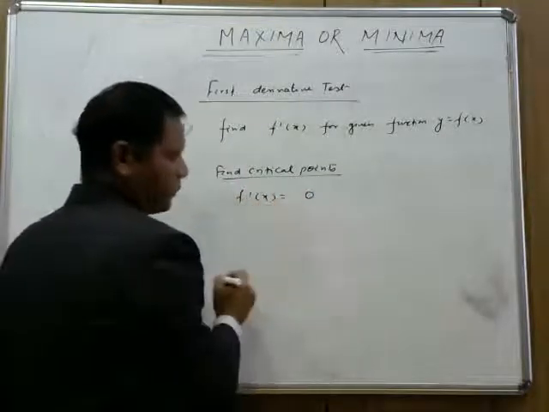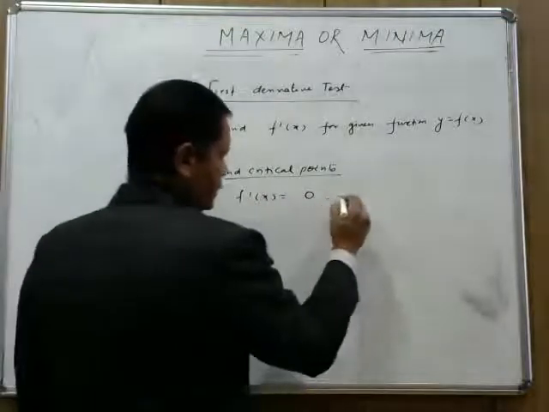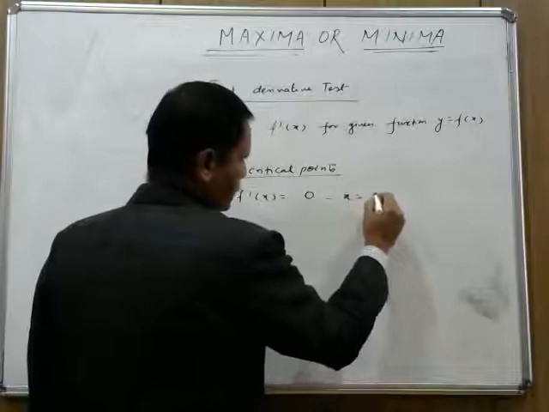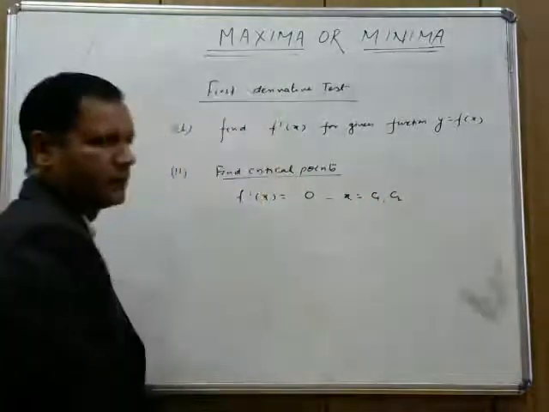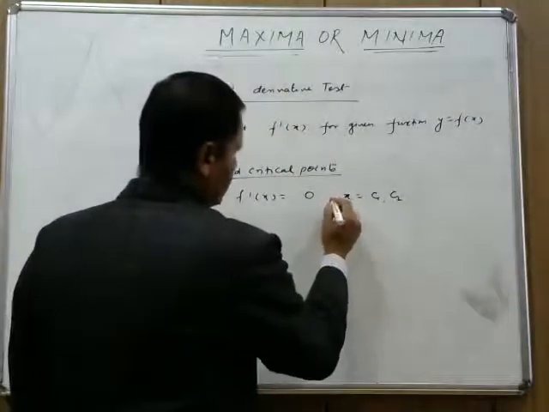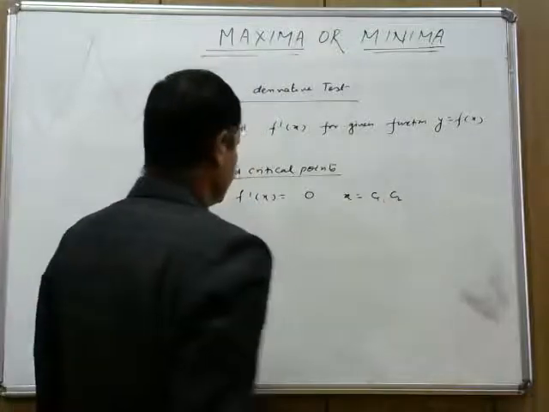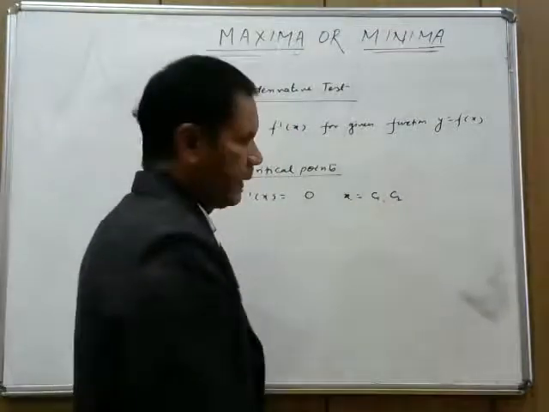equal to 0, and when f dash of x is equal to 0, it gives you x is equal to, suppose, c1 and c2 and c3. I have taken here these 2 points, suppose x equal to c1 and c2. In the previous question we had minus 1 and 1.